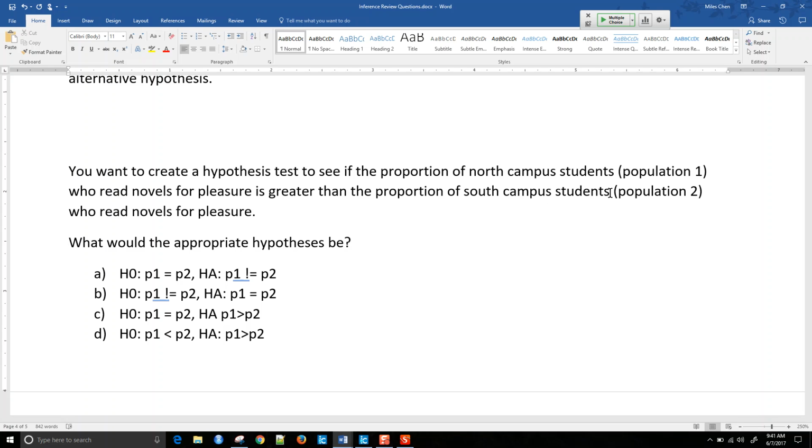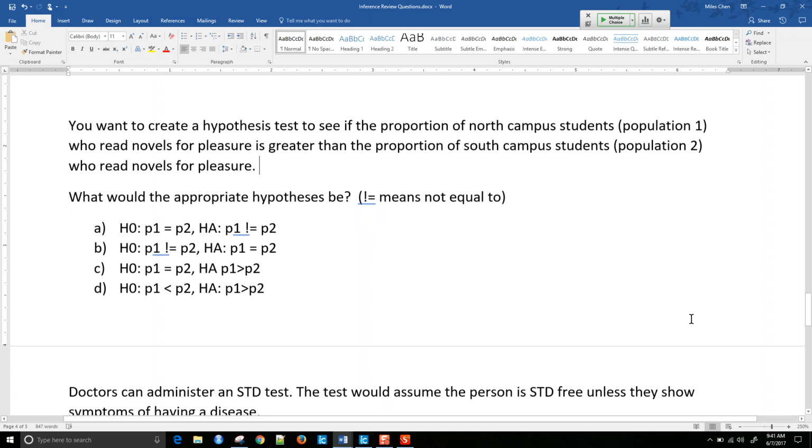So what would the appropriate hypothesis be, where exclamation equals means not equal? So what would we choose?